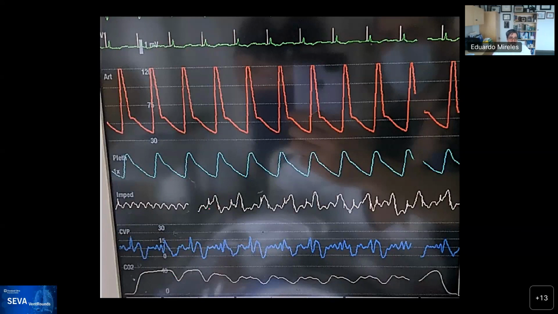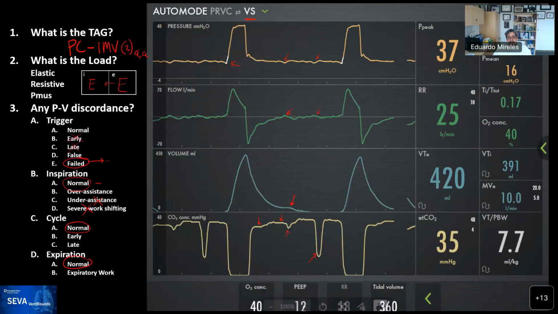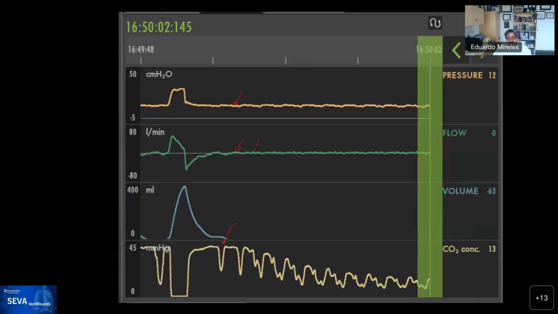And these aberrancies match beautifully with each one of our deflections on the end-tidal CO2, proving that this patient was having a false trigger as a cause of the patient-ventilator desynchrony. So this was an asynchrony actually. It was a false trigger that we could not see, and the thing that showed it to the team was the end-tidal CO2.